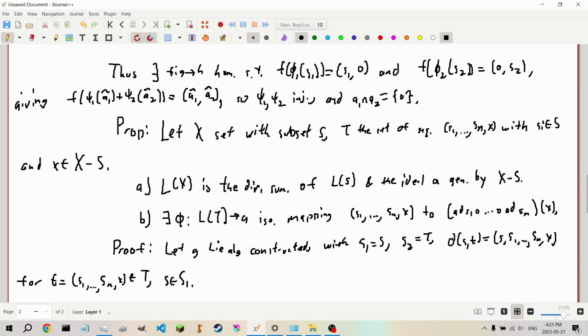And of course we're going to identify the free Lie algebra of S and T with their canonical images in G.